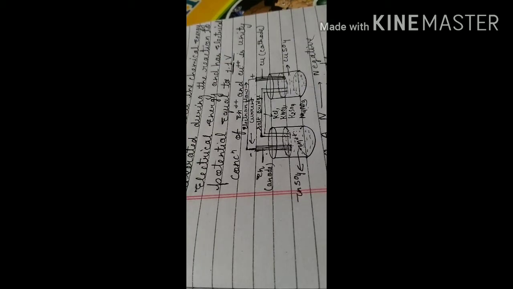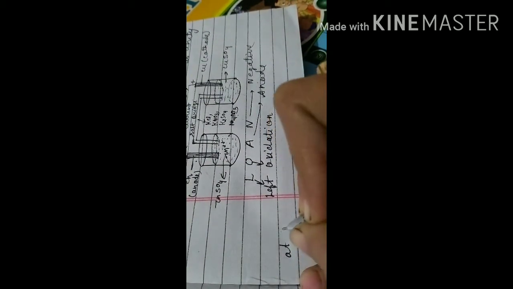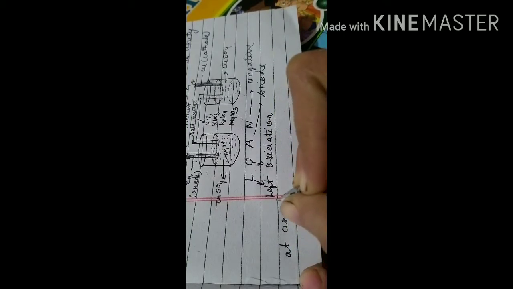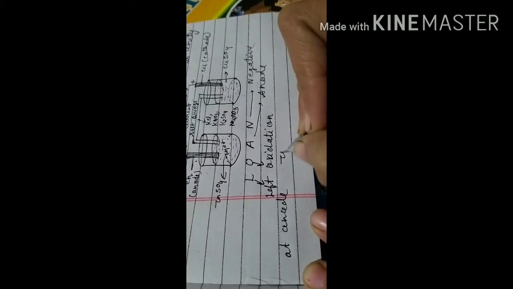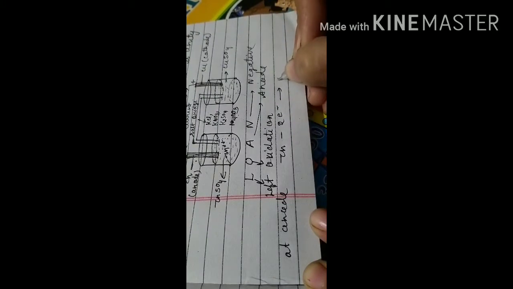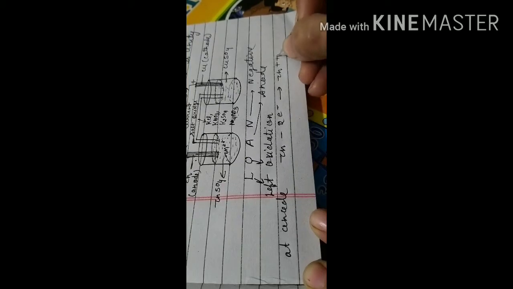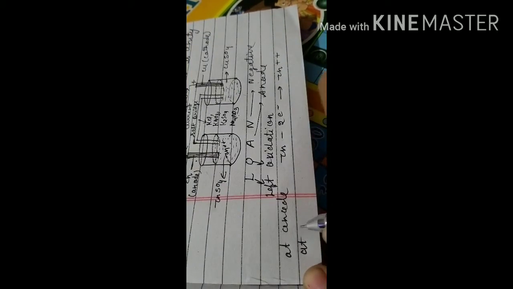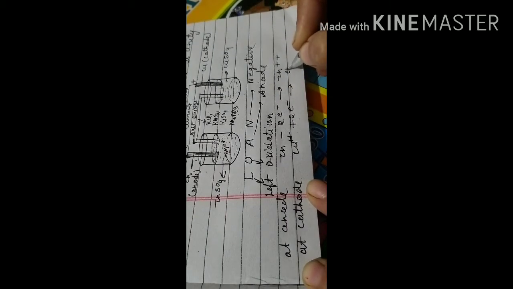Now the half cell reactions. At the anode oxidation takes place: zinc releases 2 electrons and converts into Zn2+. At the cathode, copper Cu2+ plus 2 electrons converts into copper in solid form.